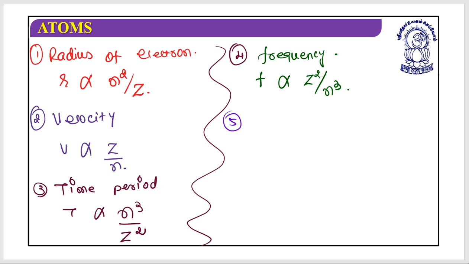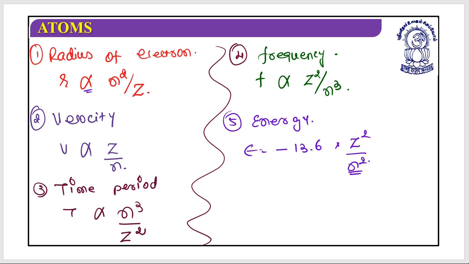Next, the energy. The total energy E is equal to minus 13.6 into z square by n square. At least you should keep all this in mind, and you must also know the constants of these.